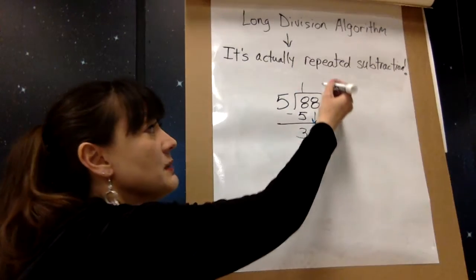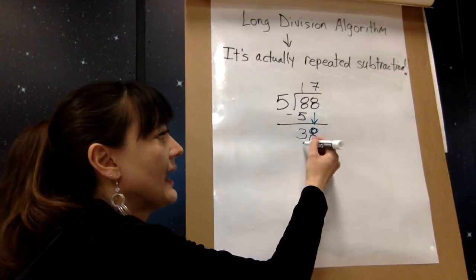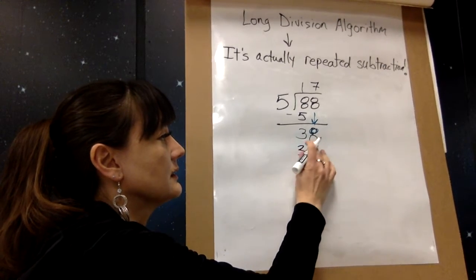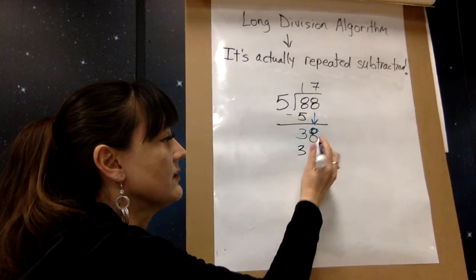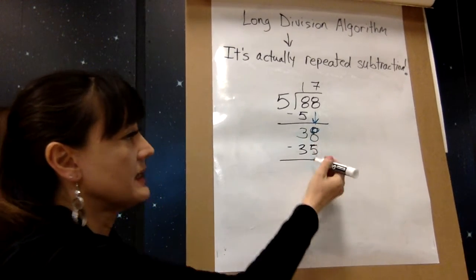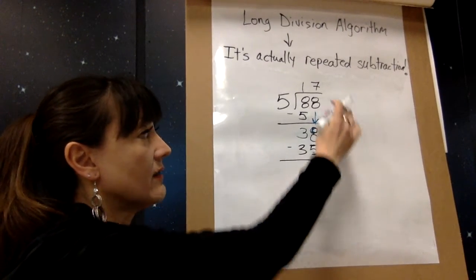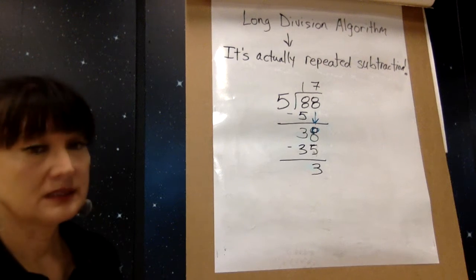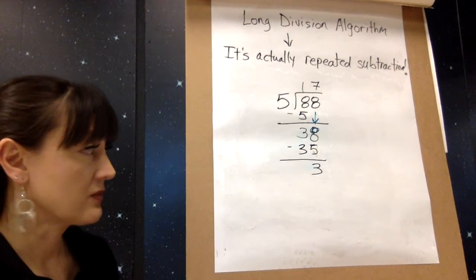So 5 times 7 is 35, and let's go ahead and write that down as a 35. And we're going to subtract. 8 minus 5 is 3. Now I have no other numbers to bring down, and so I'm finished with these steps for now.